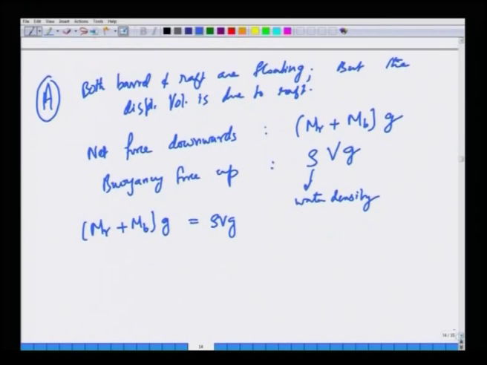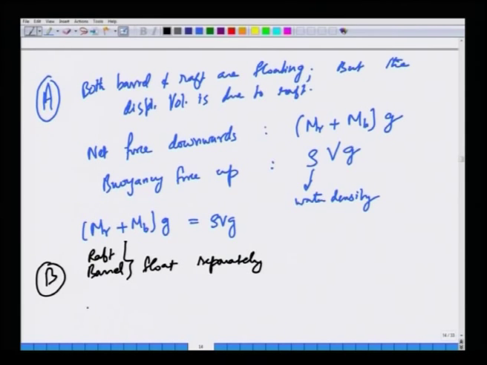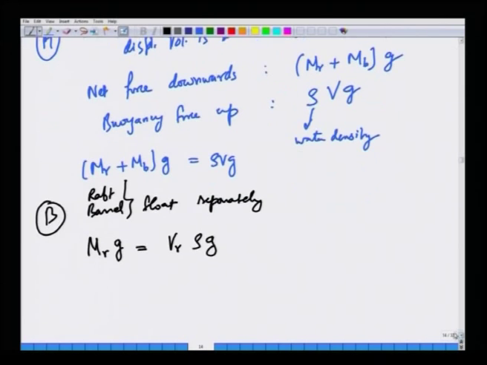Okay. In case B, the raft and barrel float separately. Okay. That means that m raft times g is V raft times rho g, and m barrel times g is V barrel times rho g.